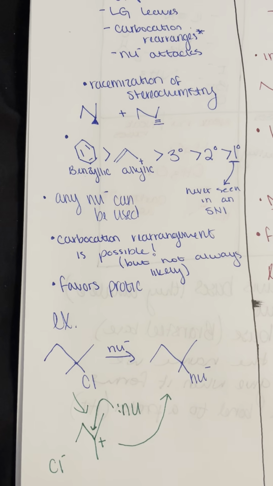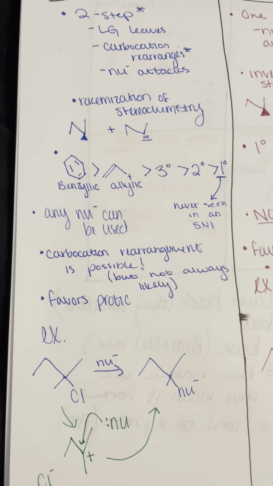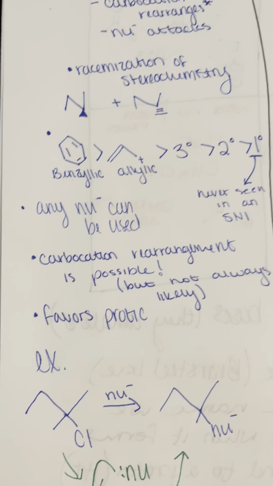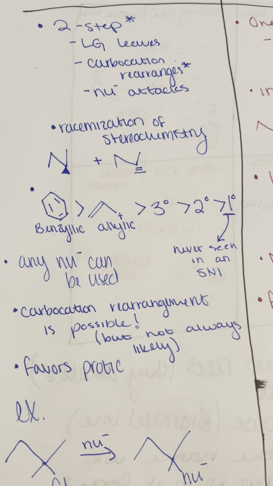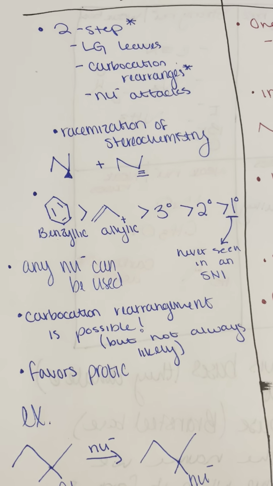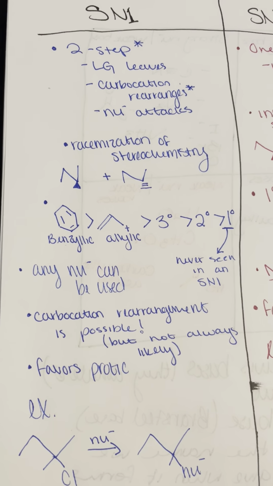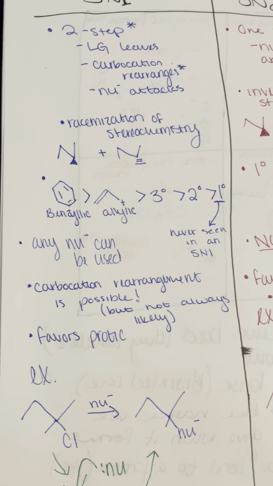In an SN1, you're going to have possible substrates, and one may be better than the other. Now in SN1, benzylic is the best possible substrate. Then it goes allylic, which is this right here.